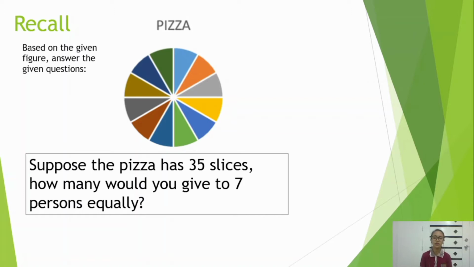How many would you give to 7 persons equally? 7 tao ang bibigyan mo. There are 35 slices. So, the answer is 35 divided by 7 equals, yes, 5. So, each person will have 5 slices of pizza if there are 35 slices.